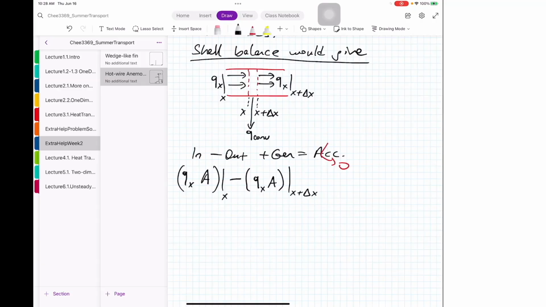And plus, sorry, there's one more out. That's equal to h times the convection term. H times area is basically the perimeter of this shell times the delta x. It's basically the area of this thing, this perimeter times the thickness, which gives you the area of this rolled paper. Okay.